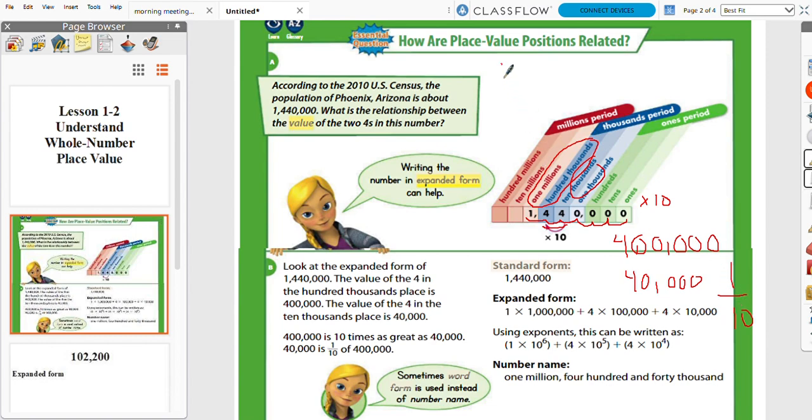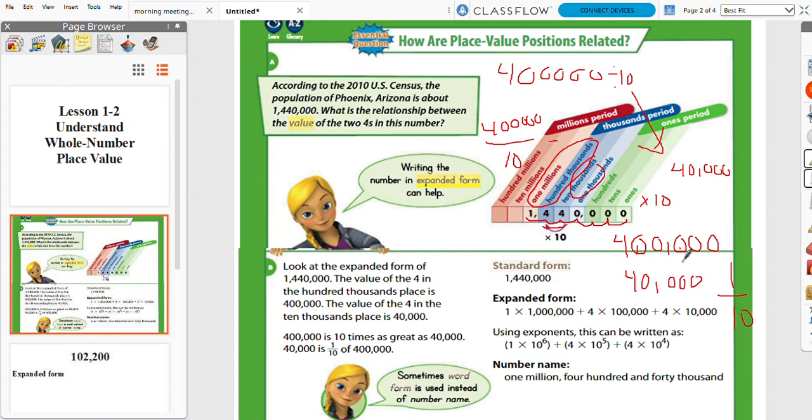And if you put 400,000 and you divided that by 10, you would get 40,000. So 400,000 over 10 would give you 40,000. It's another way of saying dividing.